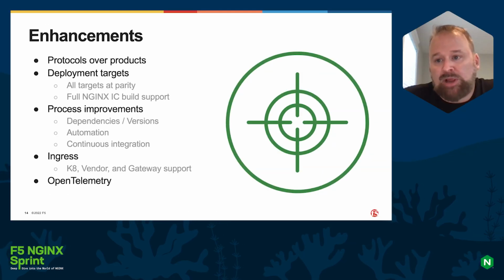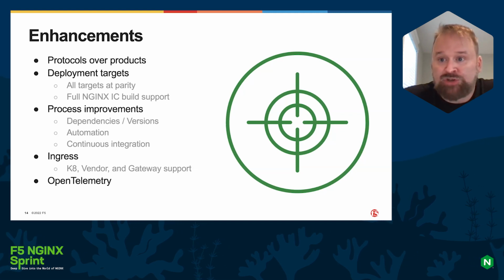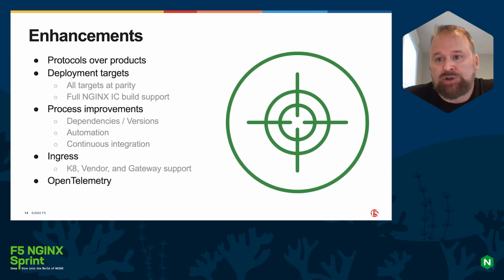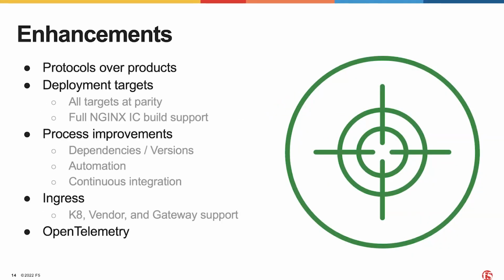And also, as I mentioned, we've got continuous integration in play, and we're beginning to work on better automation of the process. We'll talk a bit about our Ingress support, not only the Kubernetes native Ingress, but also the vendor-specific custom resource definition designed vendor Ingress and the gateway Ingress support. And then, as I mentioned, we'll talk a bit about OpenTelemetry.